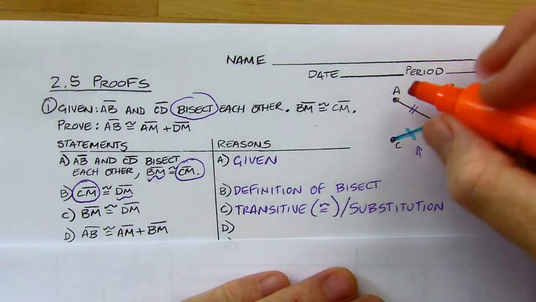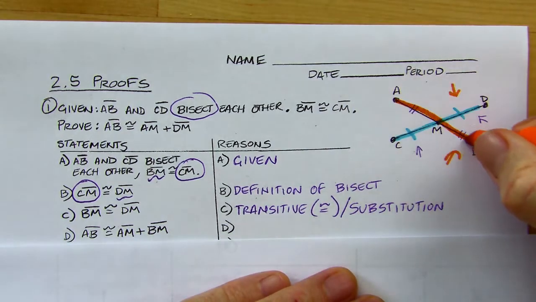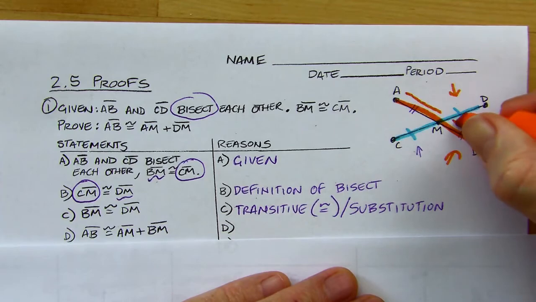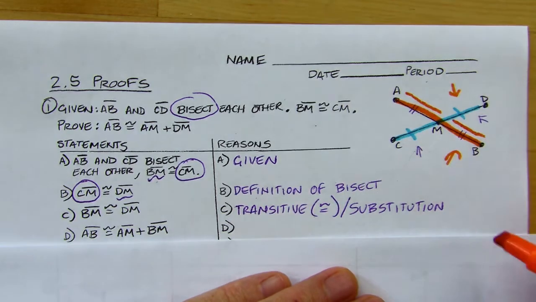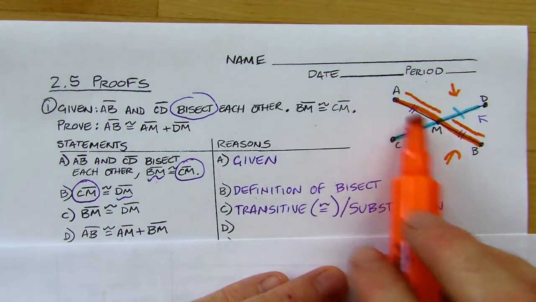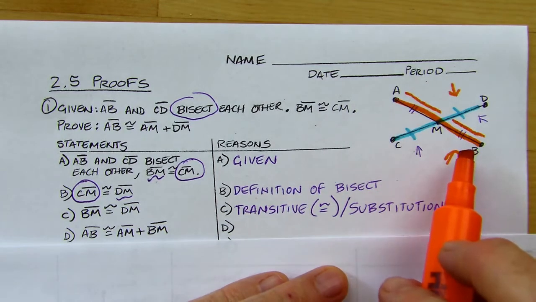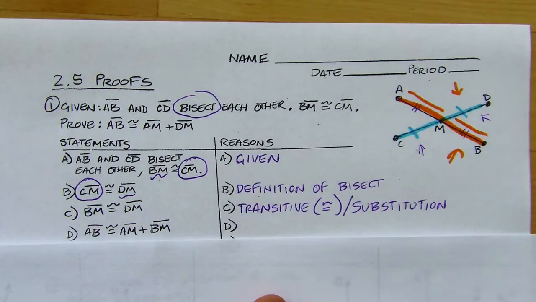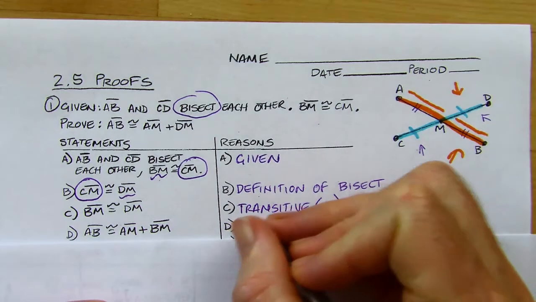So this is saying that AB, segment AB, is congruent to the sum of AM and BM. So in other words, that piece of the segment plus this piece of the segment, you add them up and you get the whole segment. Okay, so we're adding two segments together that are adjacent to get a larger segment. That's called the segment addition postulate.